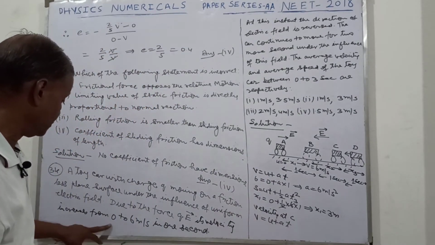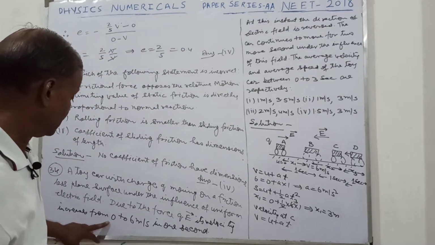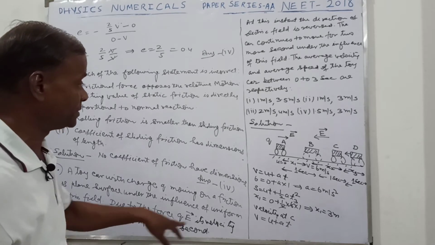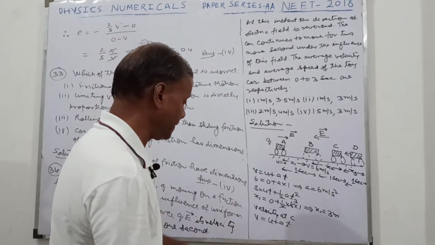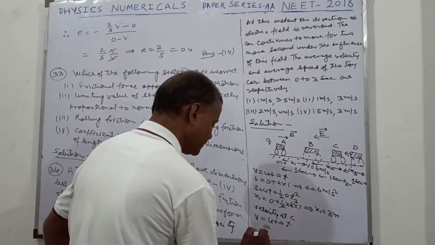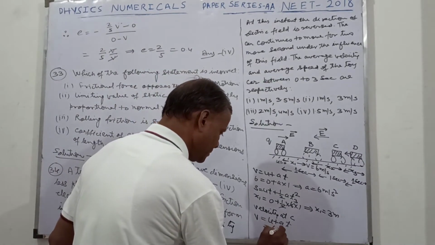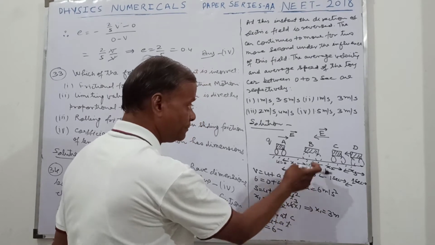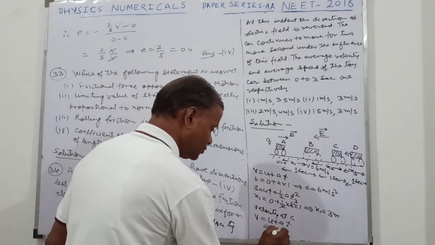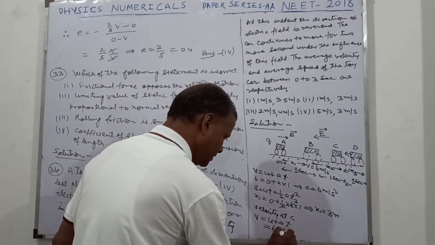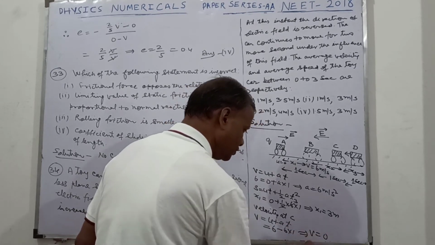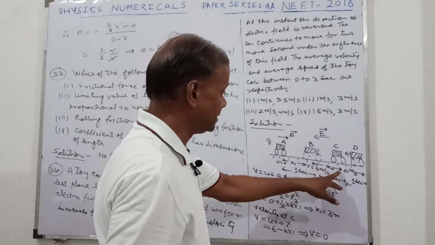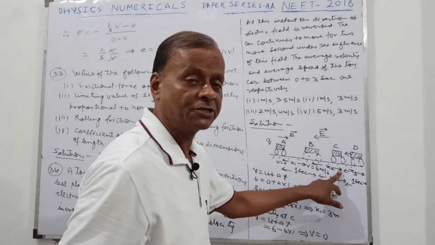For 1 second it goes from speed 0 to 6, so the speed here is 6. It is now being retarded because of this electric field, so a will be 6 and t is equal to 1. This gives v equal to 0. It means that this toy car will stop at this point C.